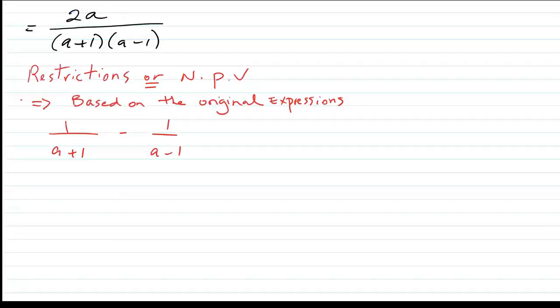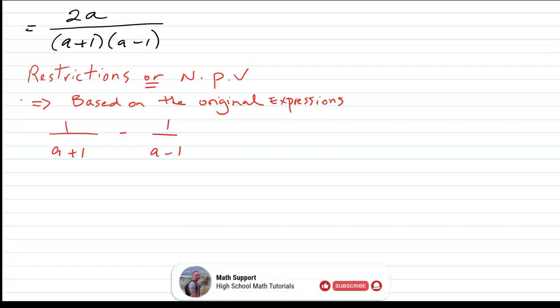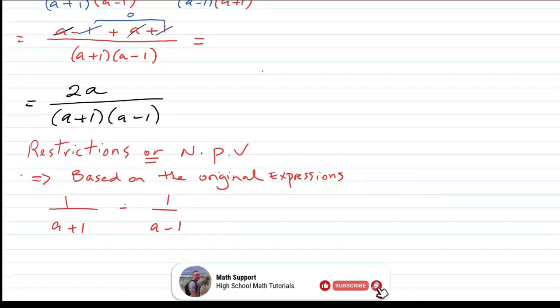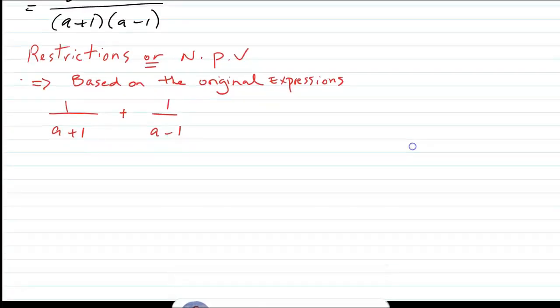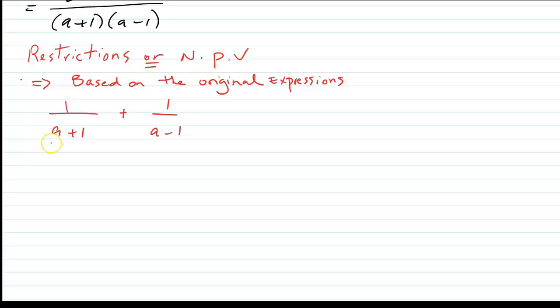And now that we are at it, let's talk about restrictions or the non-permissible values. And always you have to base that on the original expressions that you see. And the original expression was this. Oh, actually, this is a plus. Yeah. And now you look at the denominators only. So both denominators, and remember, they cannot be 0.